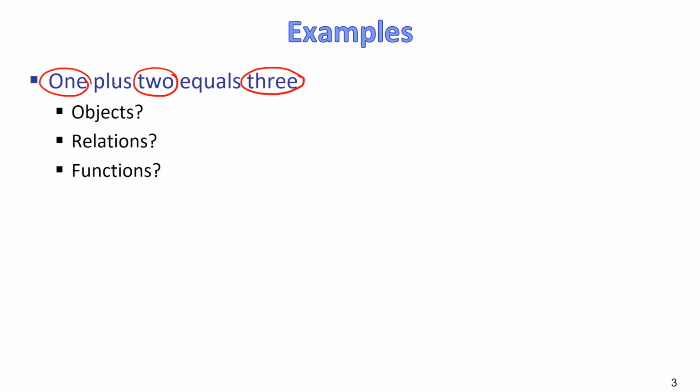We can also see that 1 plus 2 is an object also, right? Because it represents 3, in semantics. So we actually have 4 objects in this sentence: 1, 2, 3, and 1 plus 2.